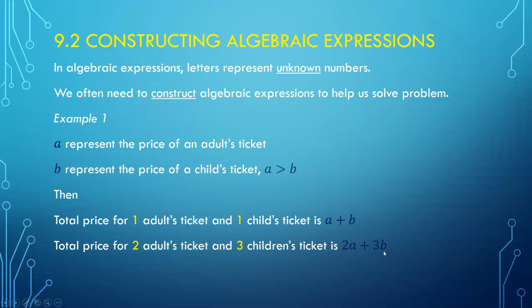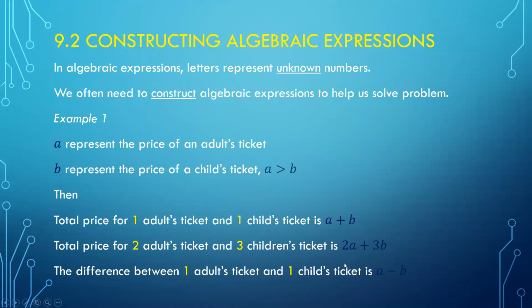That will be the total price we pay if we are buying 2 adult tickets and 3 child tickets. And if you want to find the difference between the adult ticket and the child ticket, the expression is going to be a minus b. We minus the b price from a, then we find the difference.